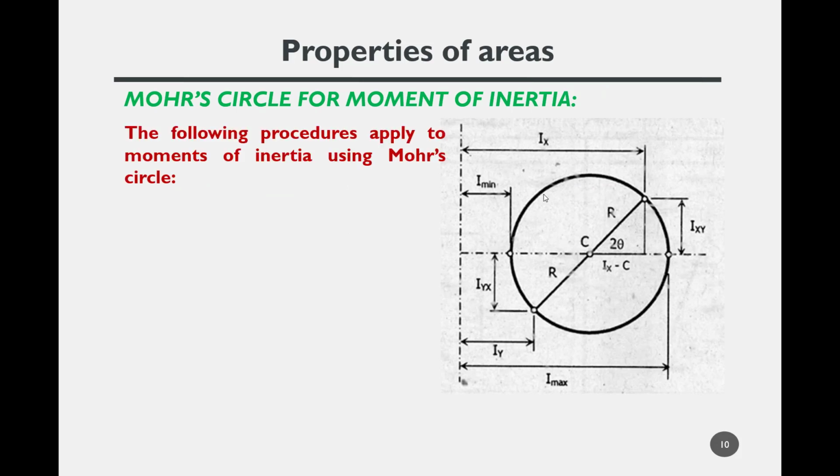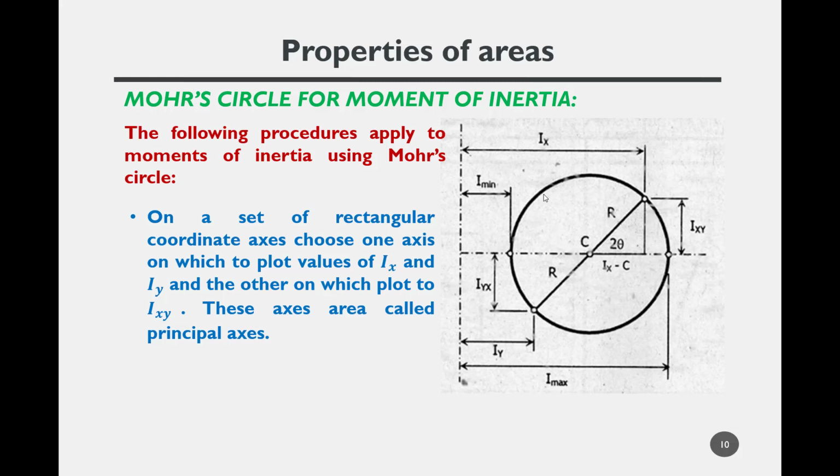So here, the following procedure applies to the moment of inertia using the Mohr's circle. On a set of rectangular coordinate axes, choose one axis for Ix. Ito yung Ix natin, di ba? So the Iy, ito yung Iy natin. And the other plot for the Ixy.